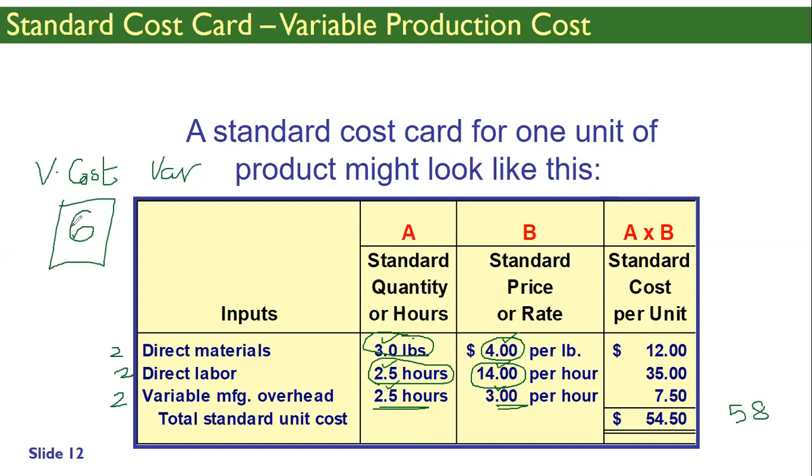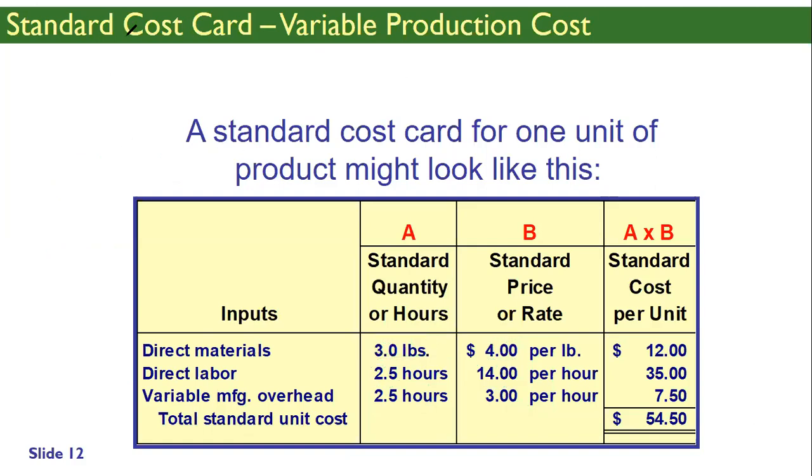Anyways, this is the situation. Now, let me go back and tell you what we are trying to do. You have your budgeted profit. When we were doing budget, we talked about budgeted profit. Budgeted profit means expected profit.